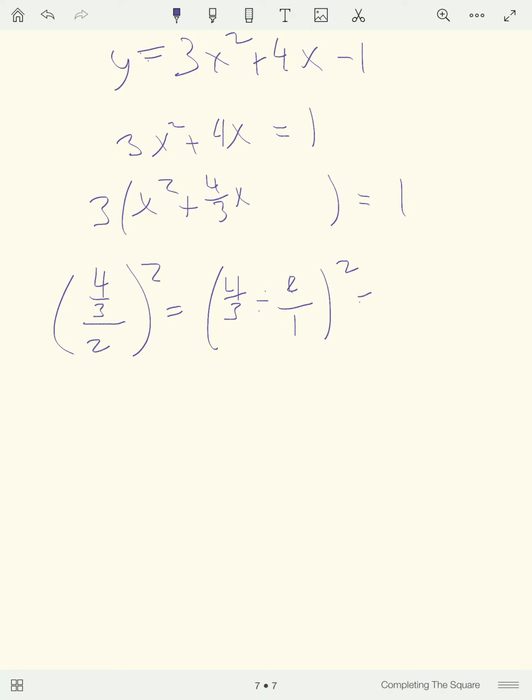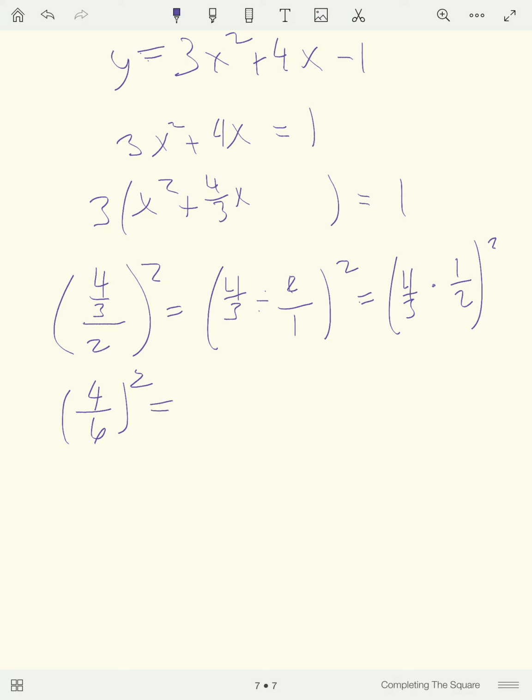Let's do our dot flip there in the middle. We get 4 over 3 times 1 over 2, squared. If we did that multiplication, 4 times 1 equals 4, 3 times 2 equals 6, we get (4 over 6) squared.